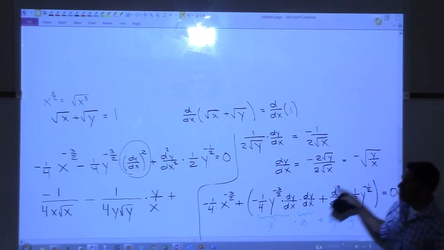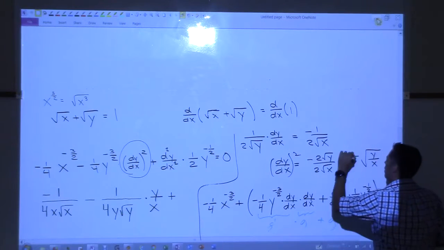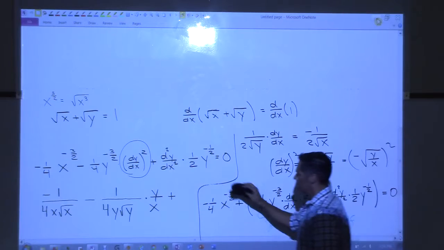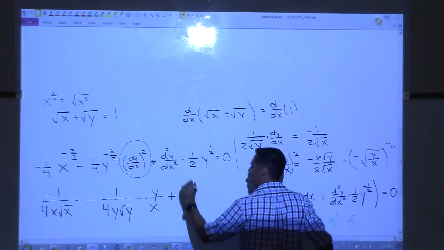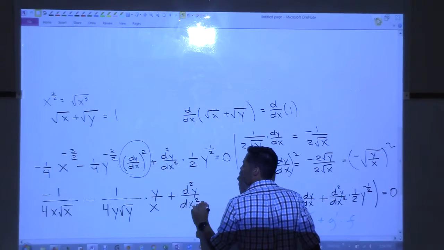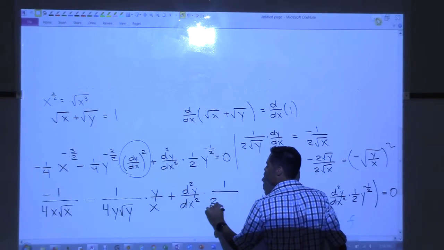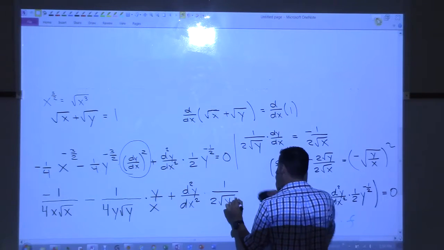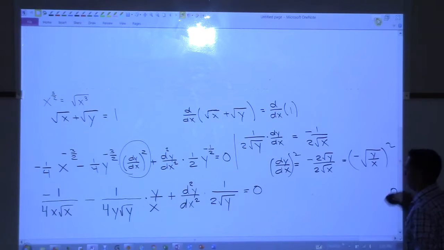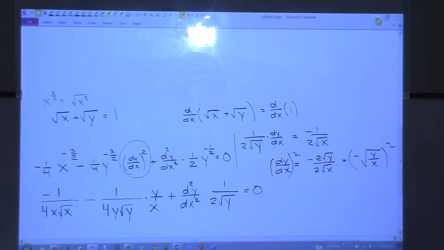So yeah, this is the first derivative squared, so we have to square this side and square this side, so the negative is going to go away. So we still have here now the second derivative times 1 over 2 root y equals 0. Isn't that pretty? Very pretty, very pretty.